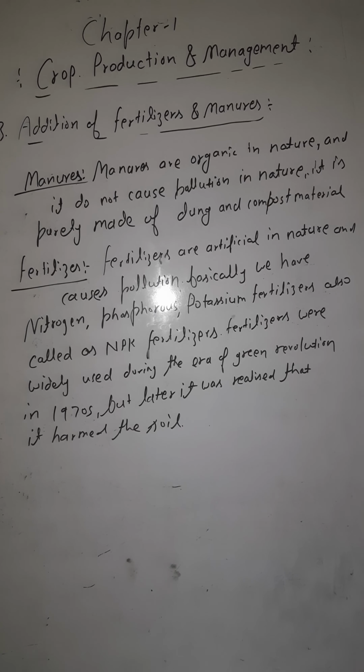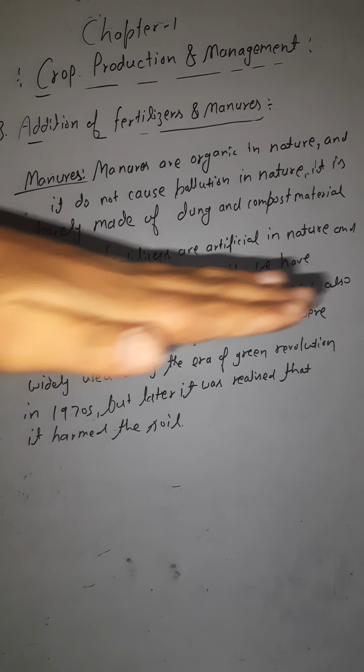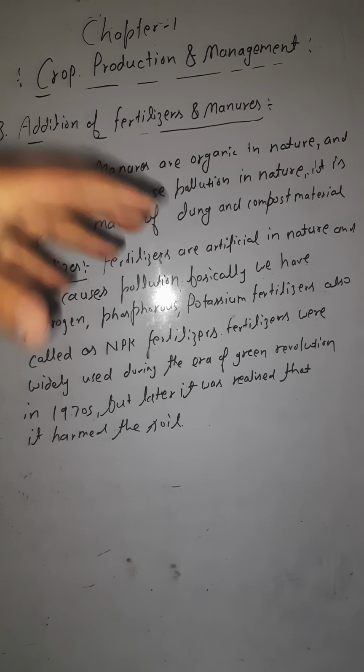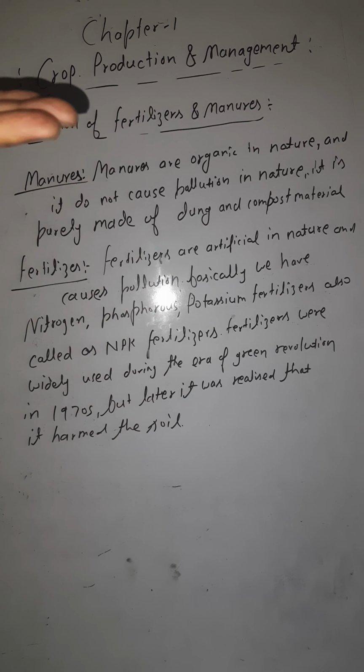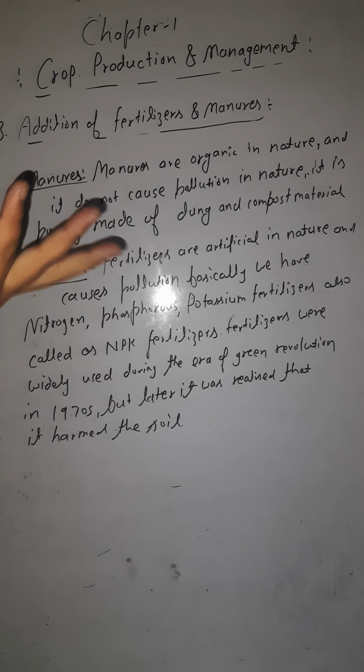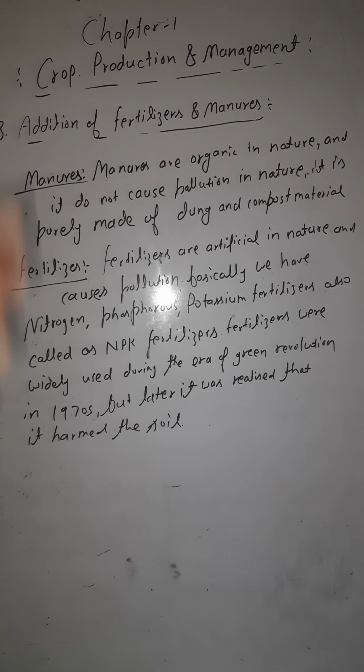But if we talk about the benefits, manures have water retention capacity. When you have manures in the field and you give water, more water is retained in the field, and that provides humus to the plants for their growth.